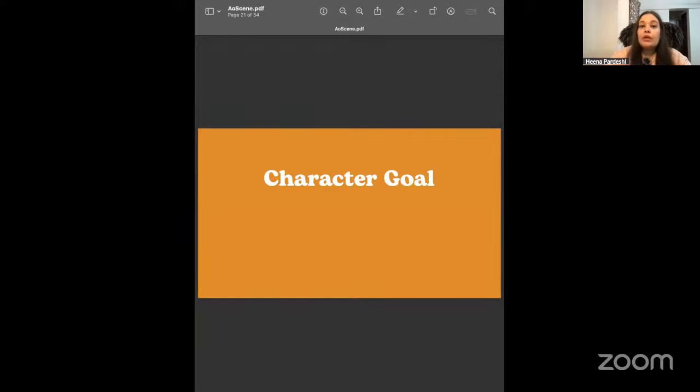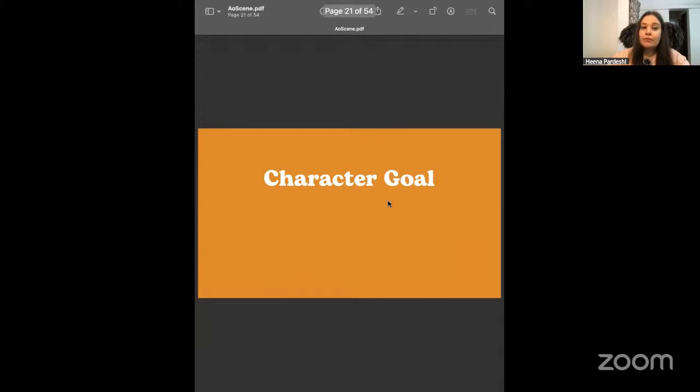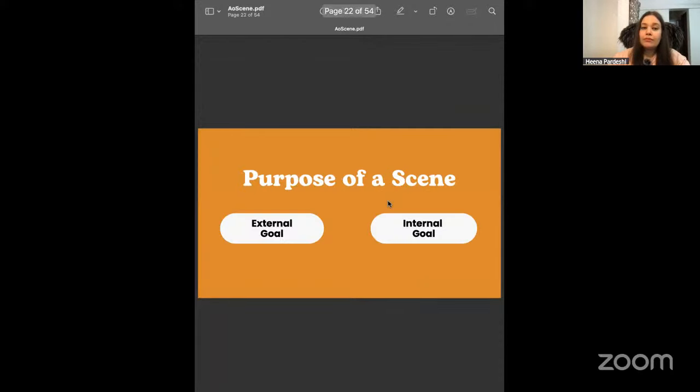Now, there are two types of scene goals. Again, external goal and internal goal. External character goal is actually action based, and the internal character goal is emotion based.